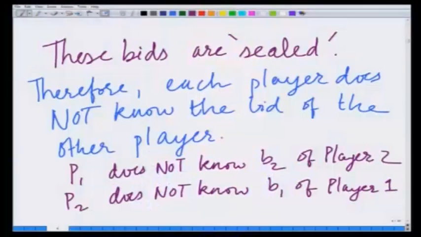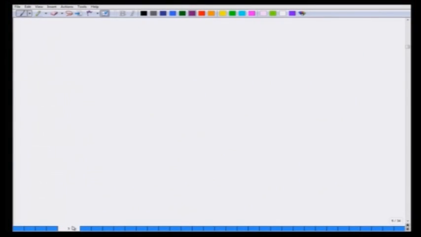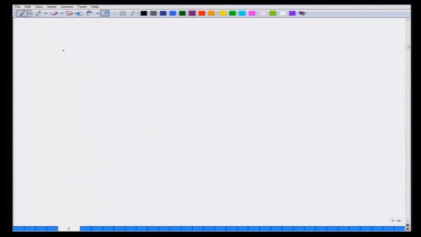And the auction mechanism is as follows: the player with the highest bid wins the auction, right. This is known as the first price auction. So, the player with the highest bid wins the auction, and he pays an amount equal to his bid to get the object being auctioned.